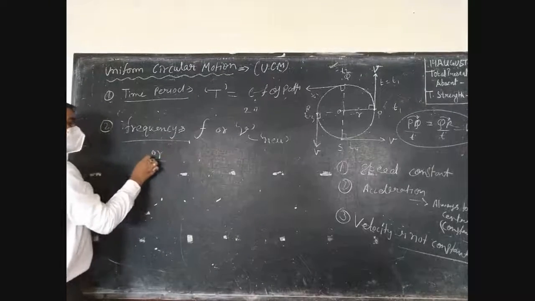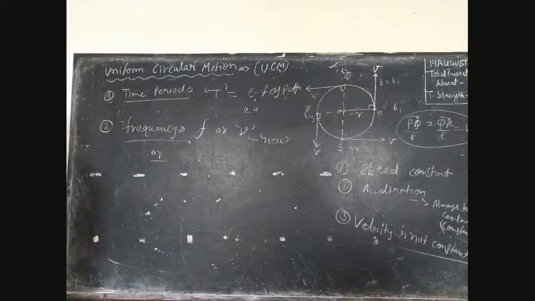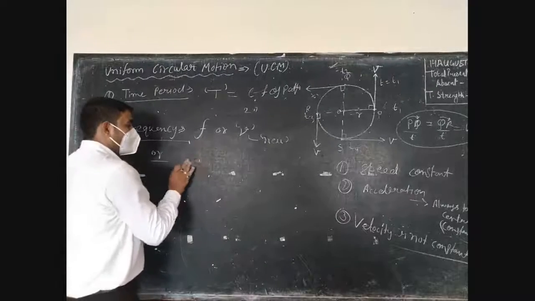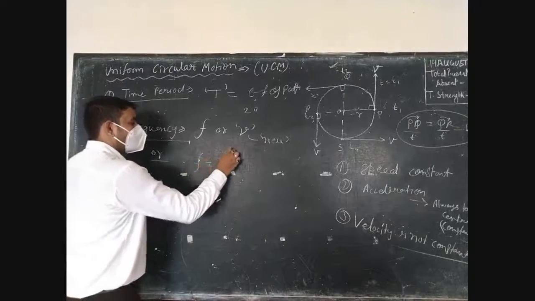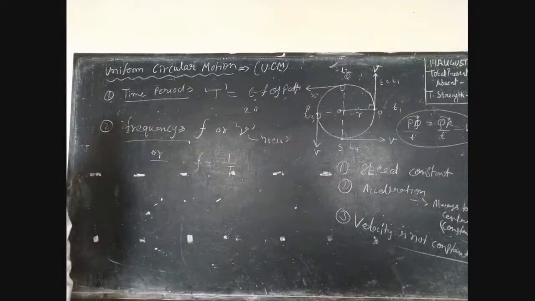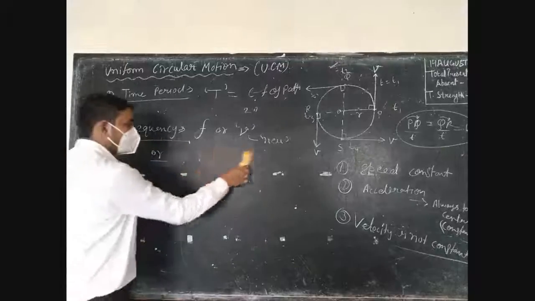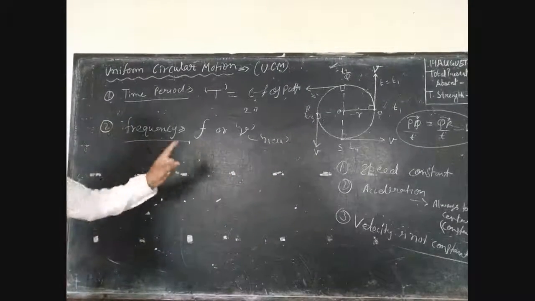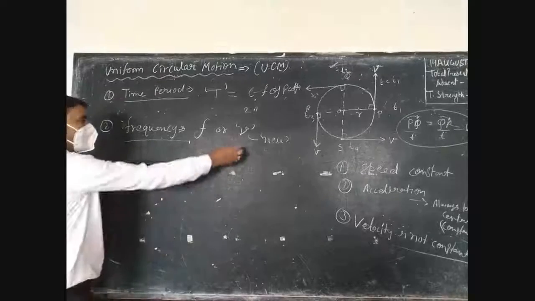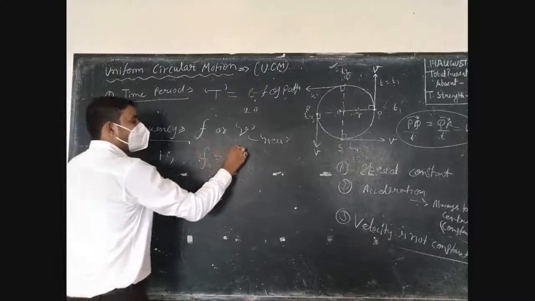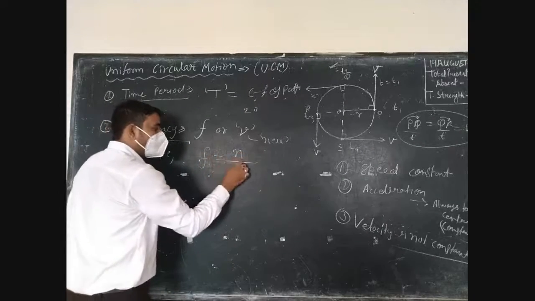Or you can also define frequency in terms of time, as frequency is the reciprocal of time period. That is, f is equal to 1 upon T. According to the definition, frequency is the number of complete rotations divided by the time taken.